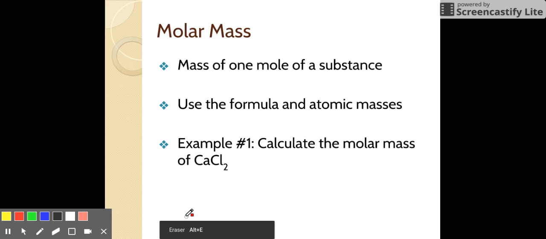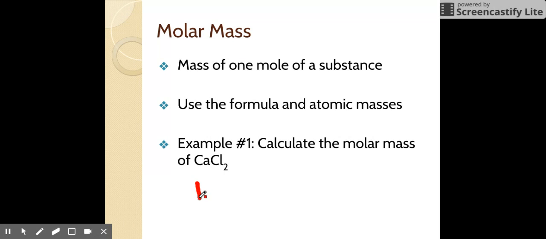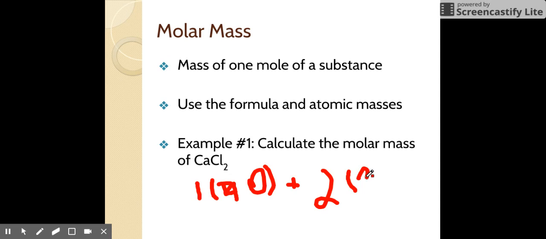So if I asked you to take a look at calcium chloride and calculate it, I would take 1, because there's 1 calcium, times the mass of calcium, which is 40. Oh my gosh, sorry guys. 40 plus the mass of my 2 chlorines, which is 35.45.